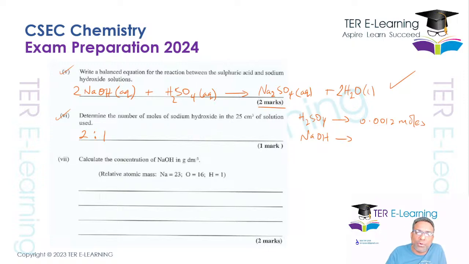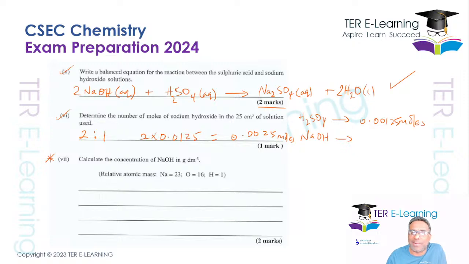So all we need to do is 2 multiplied by 0.00125, and you're going to get 0.0025 moles. So we had to use the equation, using the mole ratio, to figure out how many moles of sodium hydroxide we had in 25 cm cube.